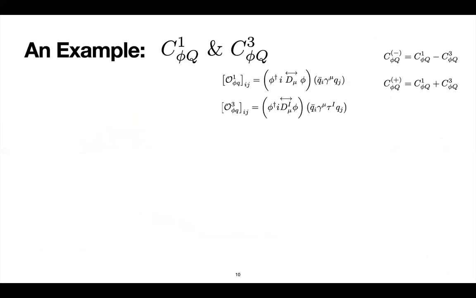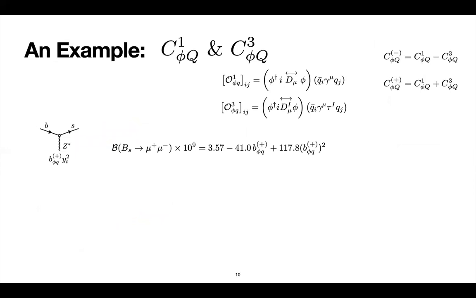So let's look at a little bit more complicated example by introducing a second operator, namely the triplet version of the same operator that I've been talking about by now. And we will also be needing, as Gudrun has already introduced, the minus and the plus combinations of those two operators.